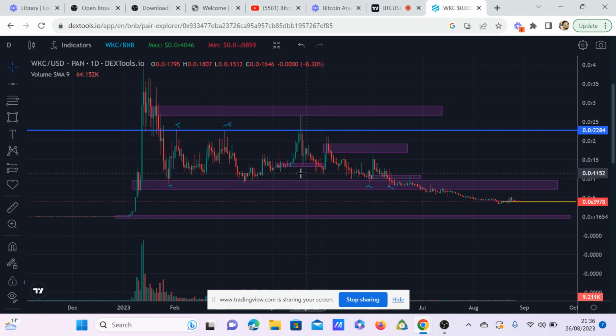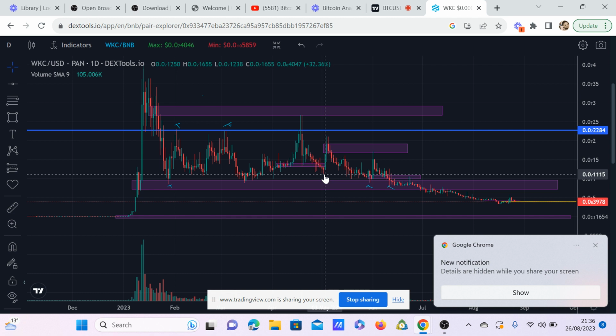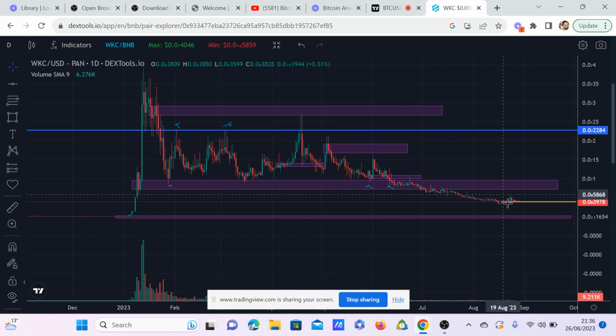So there's a low here, and at the same time there's another block here. They violated the other block. Anytime the market happens this way, I understand that any pump higher or any upward movement is a fake pump, because the market has changed gears and moved from bullish into bearish now.